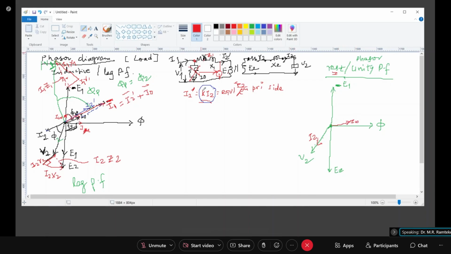And using the same relation, you have to calculate the I2 dash, which will be in exact phase opposition.